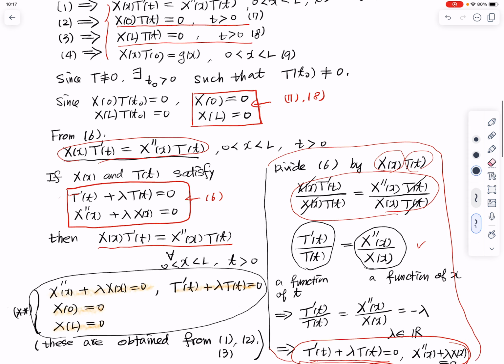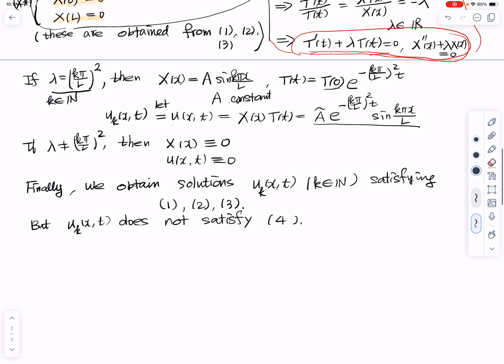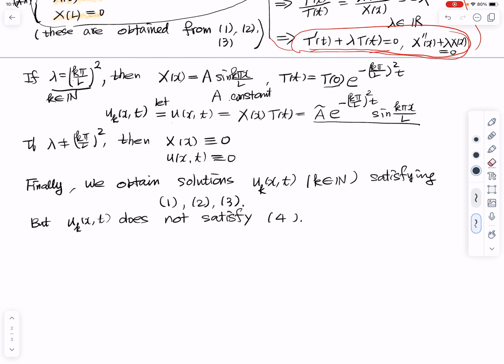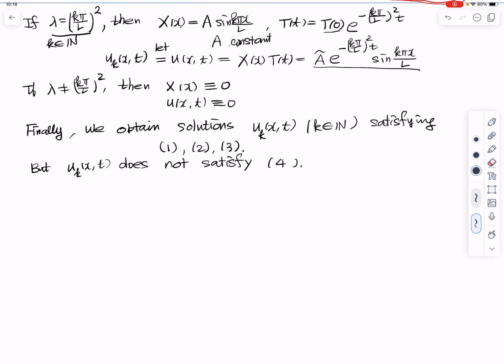We obtained infinitely many solutions u_k. Fortunately, this u_k satisfies equations 1, 2, 3, but does not satisfy the fourth condition. Okay, and then we need a solution that satisfies all four conditions.